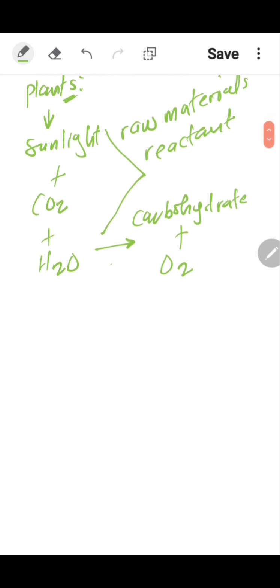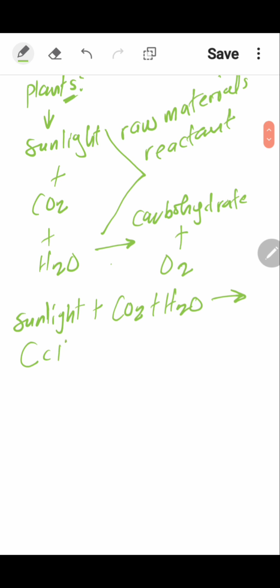So the overall equation for photosynthesis is sunlight, which is also called photon, plus carbon dioxide plus water, which gives rise to glucose. Let me write this: CH2O.